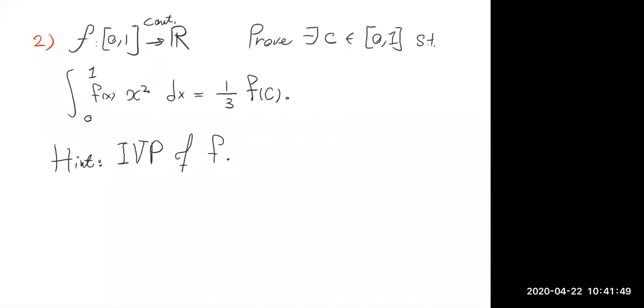What makes it slightly more complicated and challenging is that we should use the intermediate value property in a question which involves an integral. We should see how we can involve the integral in this theorem.